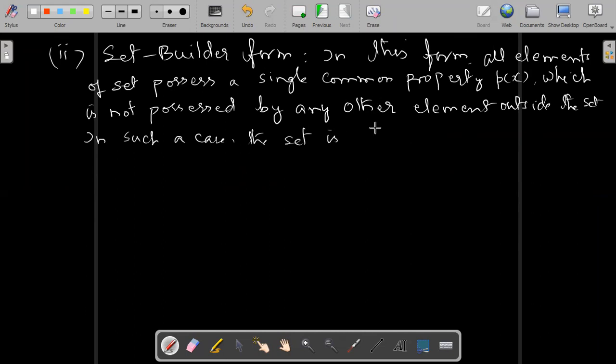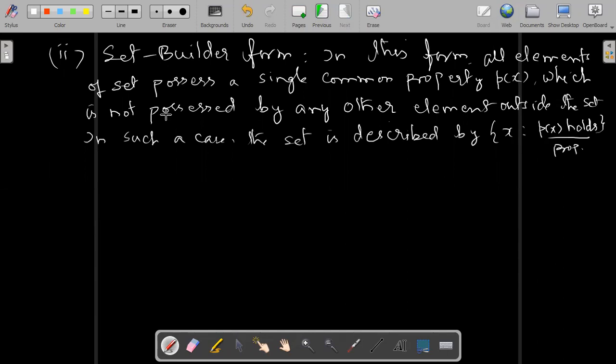For understanding, we have taken Px. The set is described as the set of x such that Px holds. Px holds means we will write the property here. This is the general form that I have written. Here we will write whatever property is possessed by all the elements.